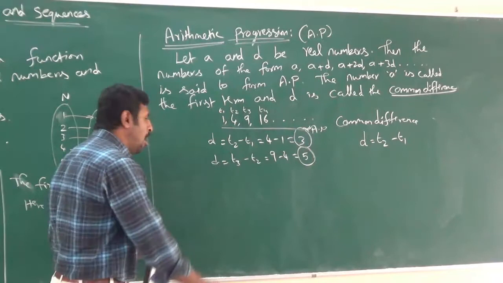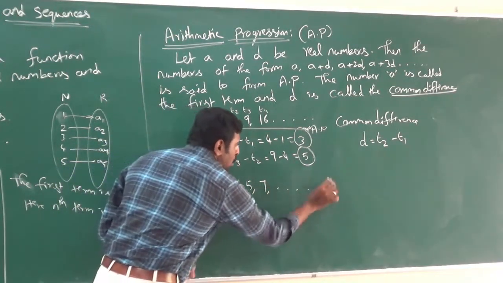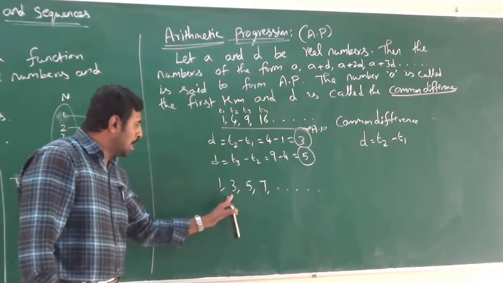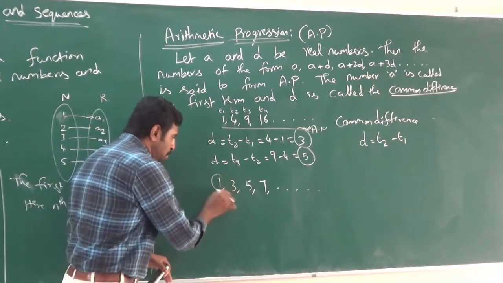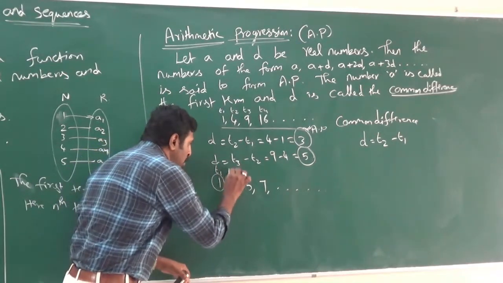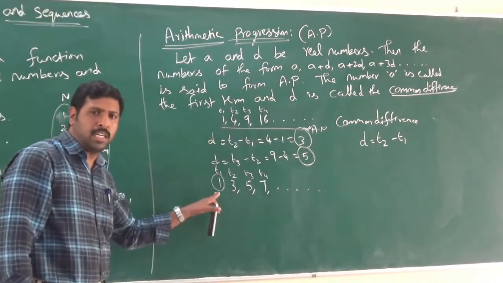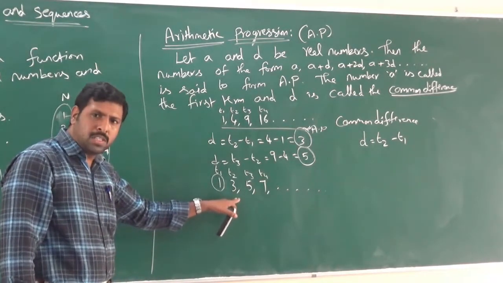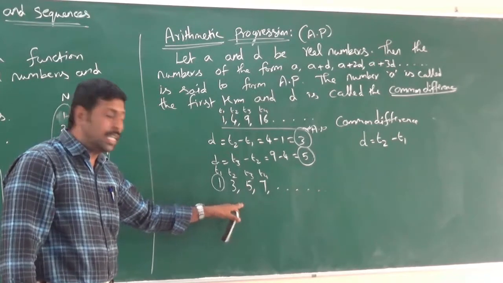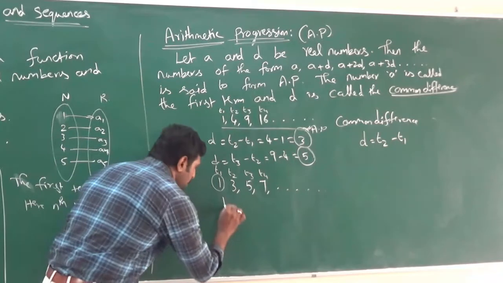Right? Next we take the odd numbers 1, 3, 5, 7, and it goes on. Now we have to check: the first term is T1, the second term is T2, T3 and then T4. Here we are going to find the common difference. If the common differences are equal, we can say this sequence is an arithmetic progression, right?